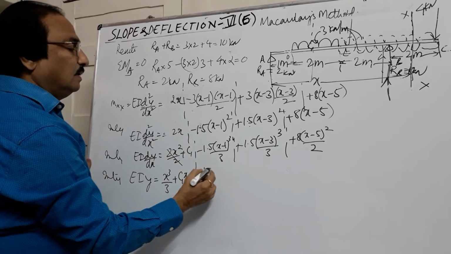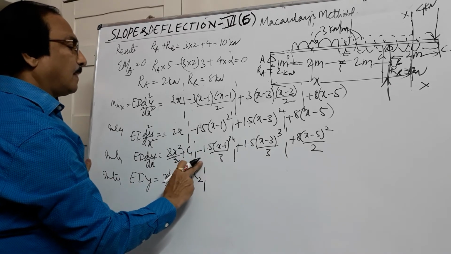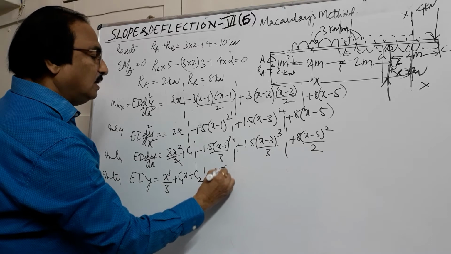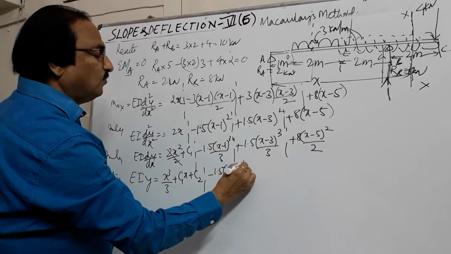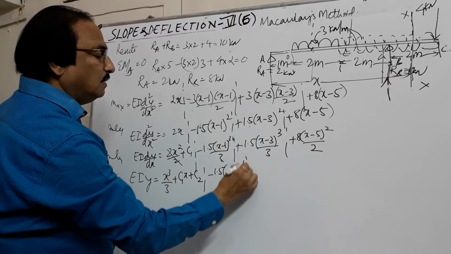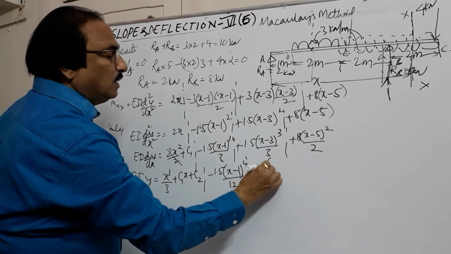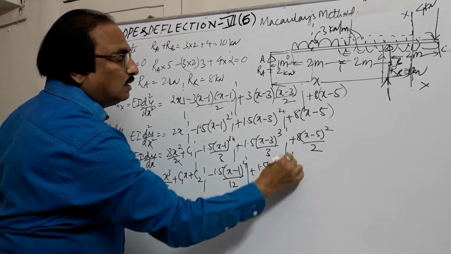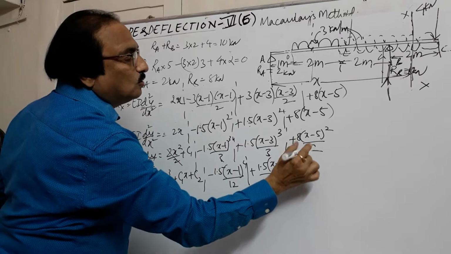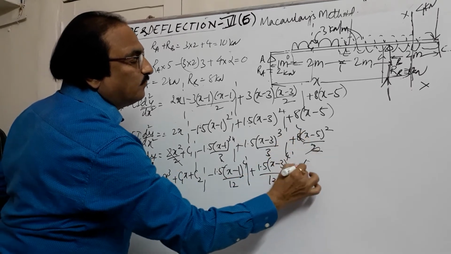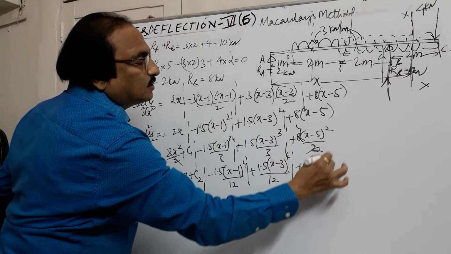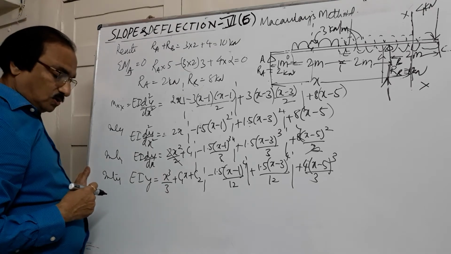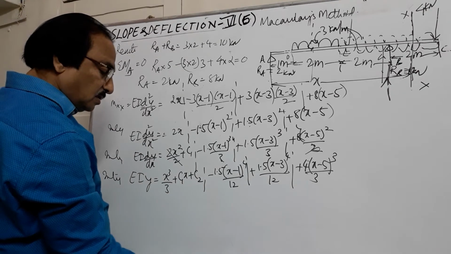Then minus 1.5 (x minus 1) raised to 4 divided by 4, that is 12, plus 1.5 into (x minus 3) raised to 4 divided by 12, plus 8 by 2, this will be 4, so it will be 4 into (x minus 5) raised to 3 divided by 3. So the only thing is I have to find out the constants of integration to find out the slope and deflection.